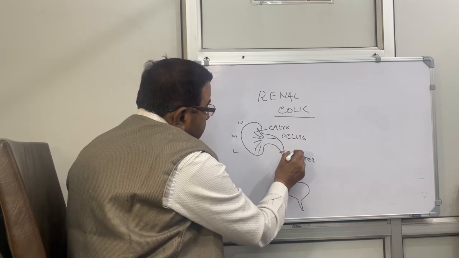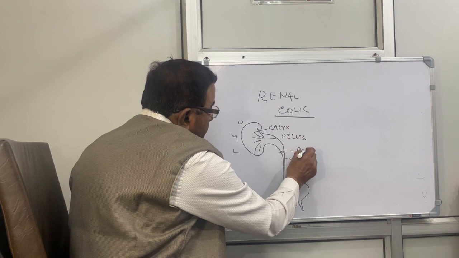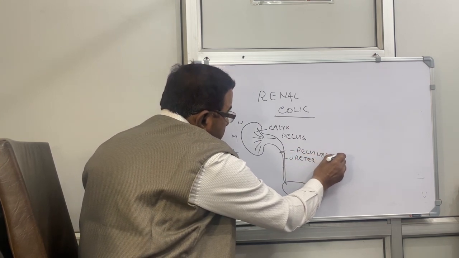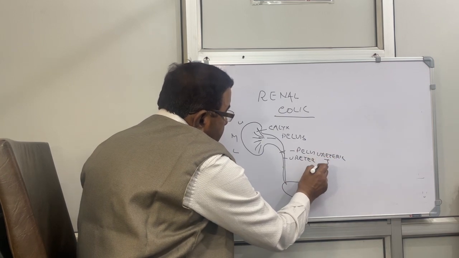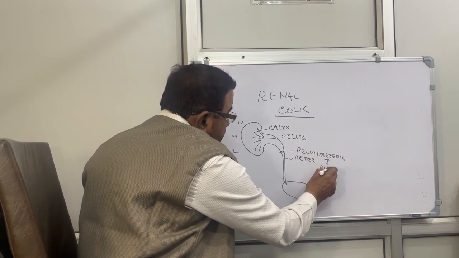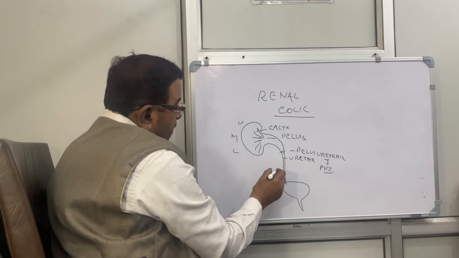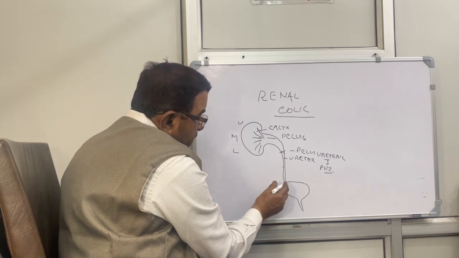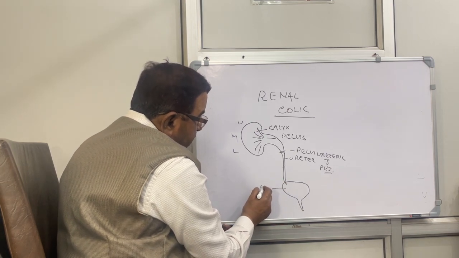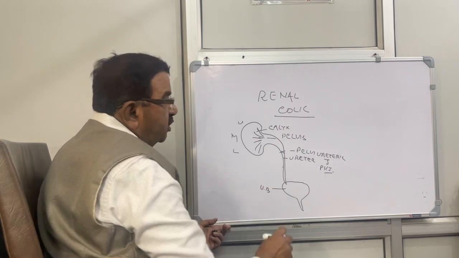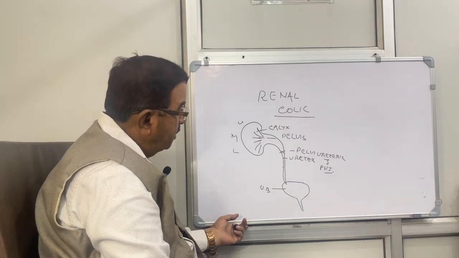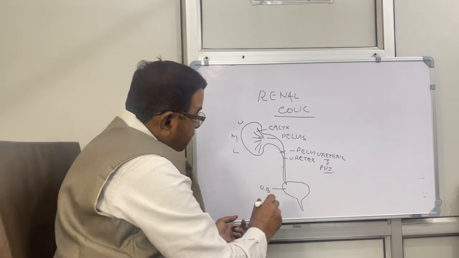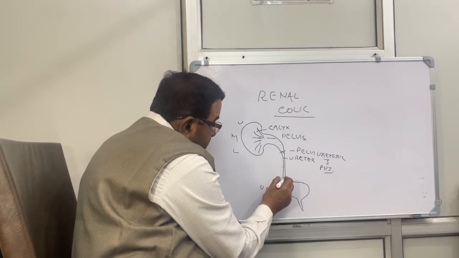This is the pelvic-ureteric junction, in short PUJ. Then the ureter comes down and opens in the bladder. This is the urinary bladder. Before opening into the urinary bladder, the ureter has its narrowest lumen.